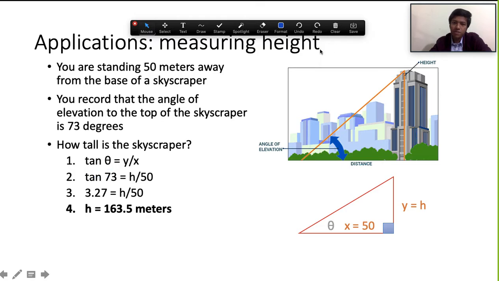Another nice use of this formula is, let's say you have a river here. Suppose you are on this side of the river, and it's a big river. And then there is another, your friend, somewhere on the other bank of the river.